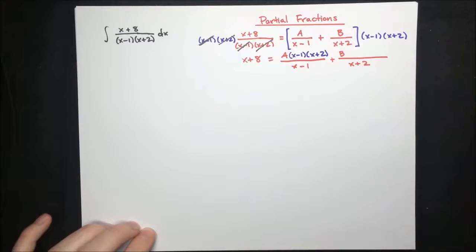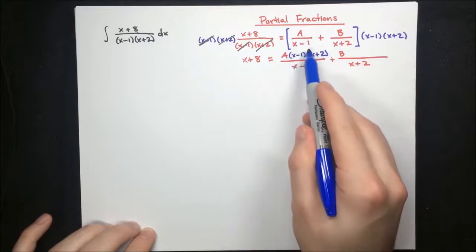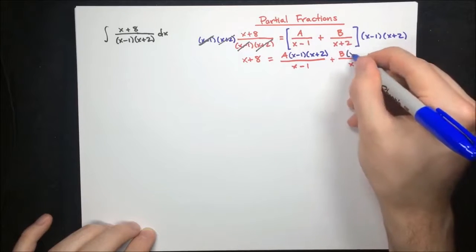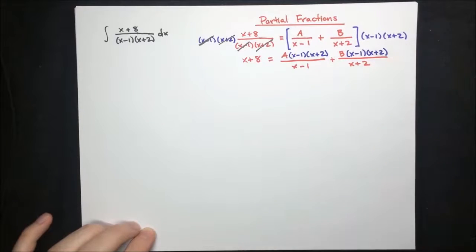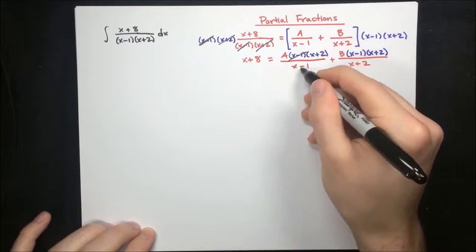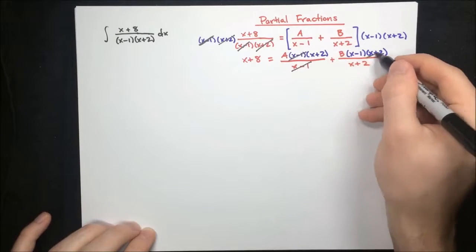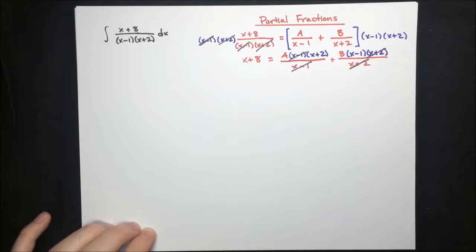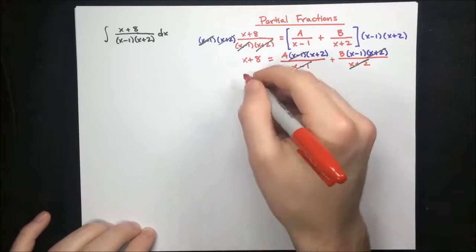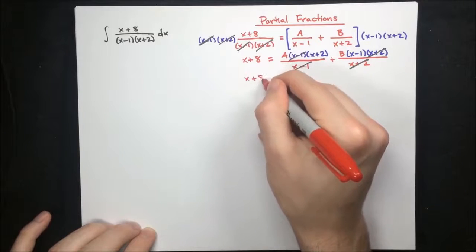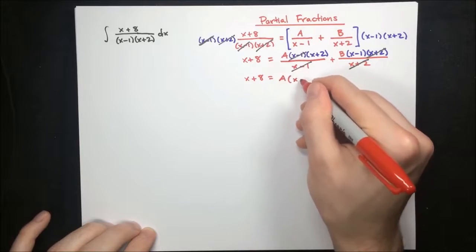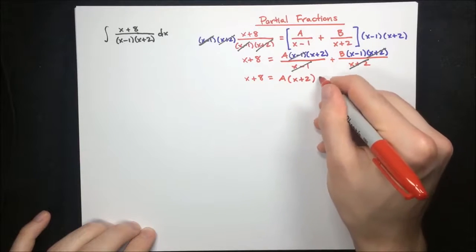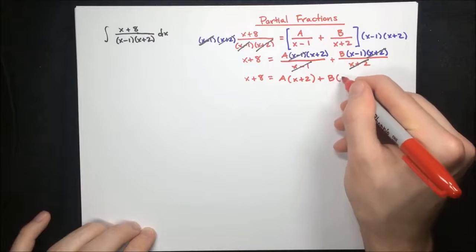All we're doing is distributing this product to a over x minus 1 plus b over x plus 2. And then we see that some things are going to cancel. This x minus 1 over x minus 1 cancels, and this x plus 2 over x plus 2 cancels. So this simplifies nicely. We've just got x plus 8 equals a times x plus 2 plus b times x minus 1.